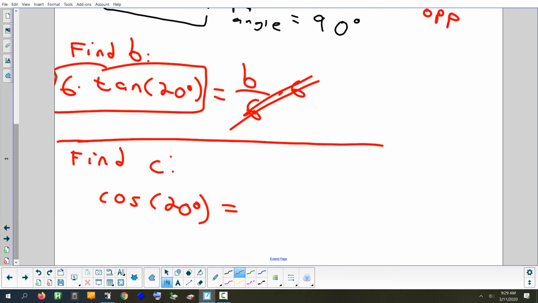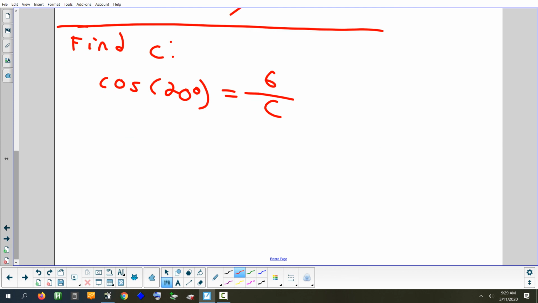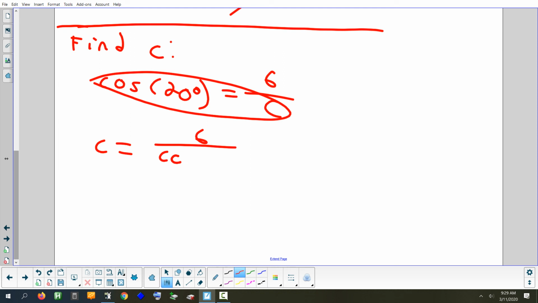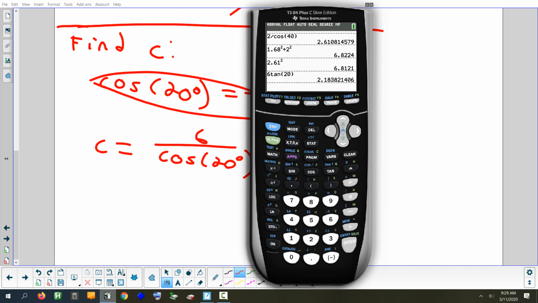Hypotenuse is C. Now, what's the trick you can use there to get C by itself? If you don't want to go through the arithmetic stuff. Yep. Switch cosine and C. Yep. Just switch those two. So you're going to get 6 divided by cosine 20. Type that in, see what we get, and then that's it. 6 divided by cosine 20.